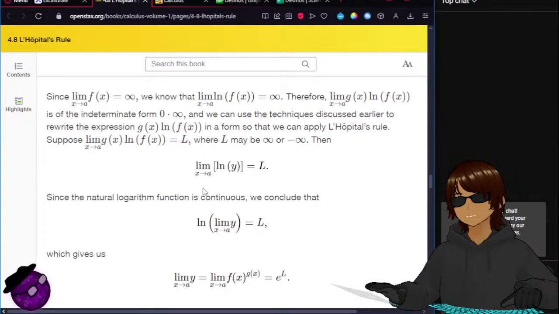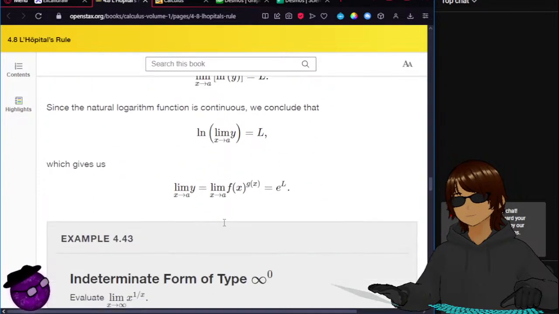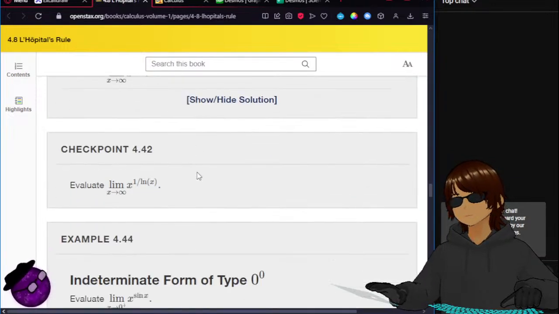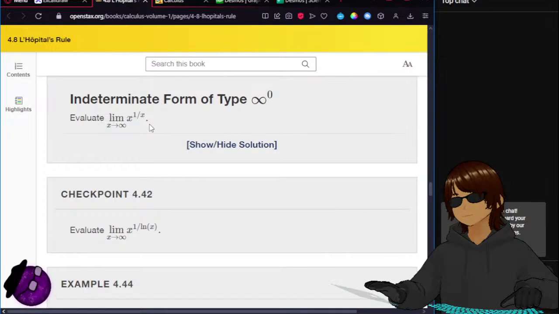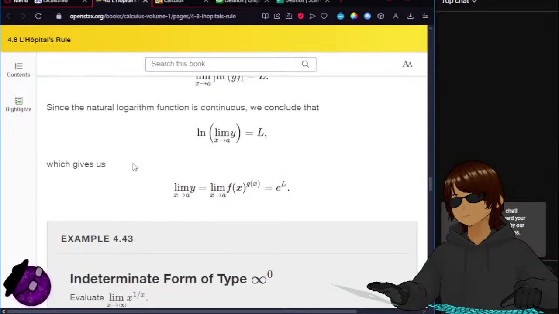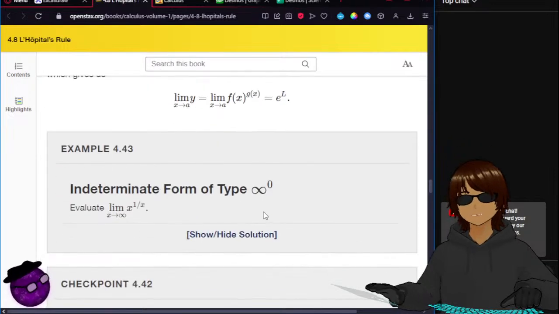Then we can take the limit. This is infinity to the power of 0.